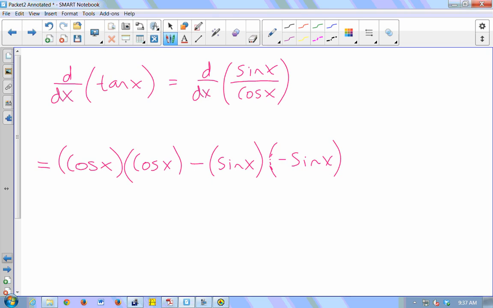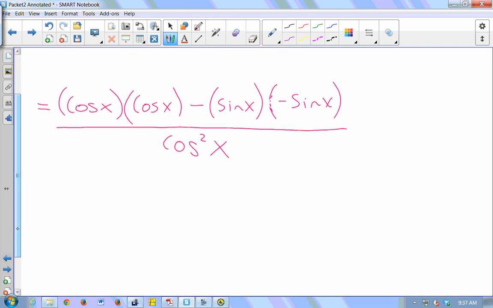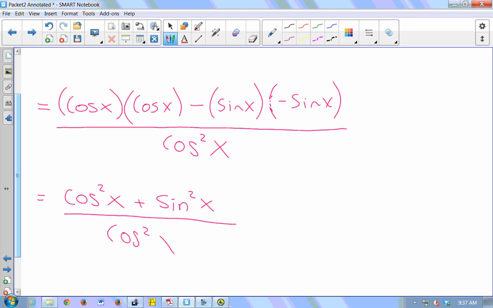All over the denominator squared. And what's cosine times cosine? Cosine squared. So this is cosine squared x. And then I have a minus and another minus, so that becomes a plus, sine squared, all over cosine squared x.